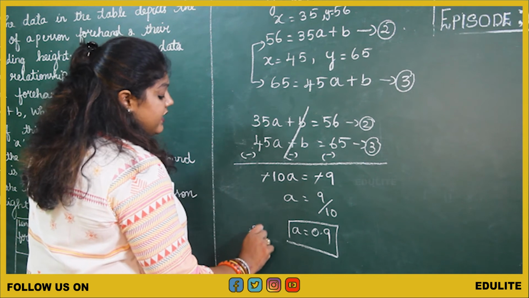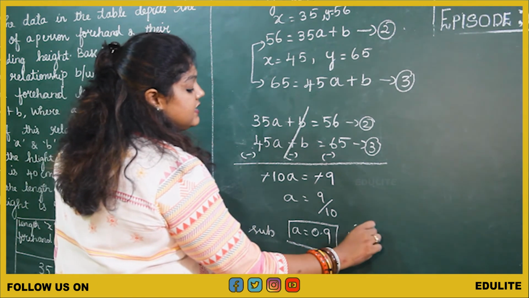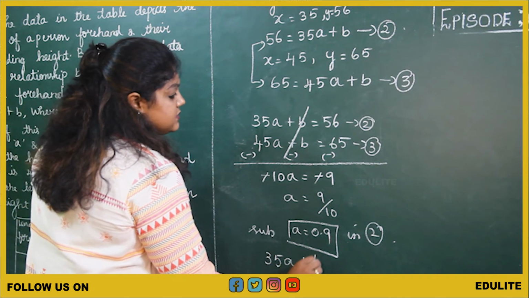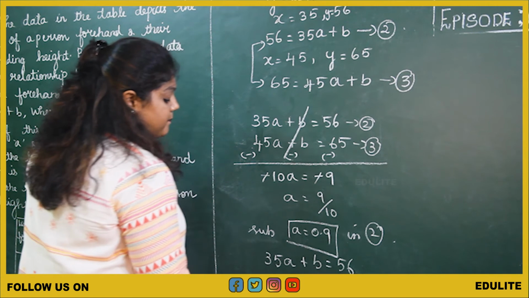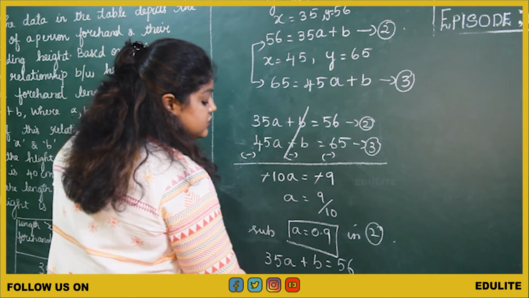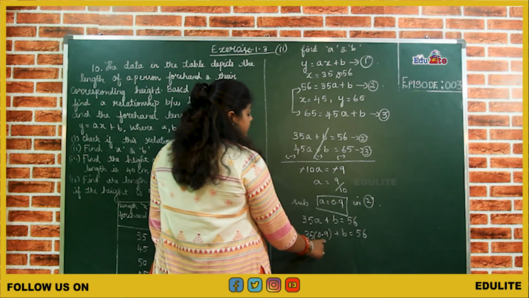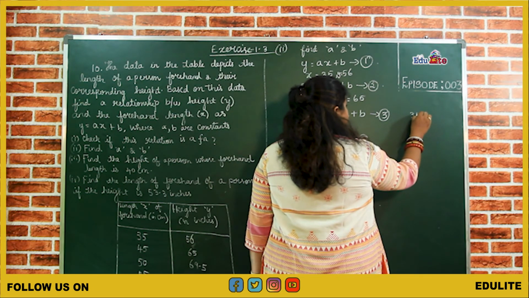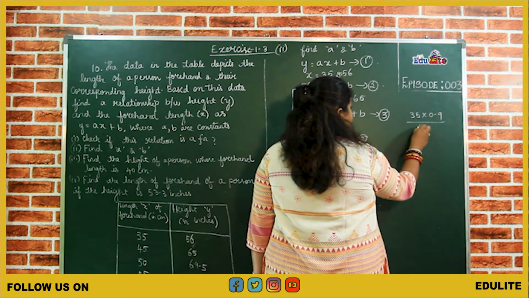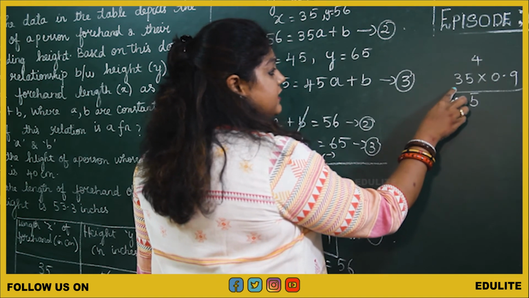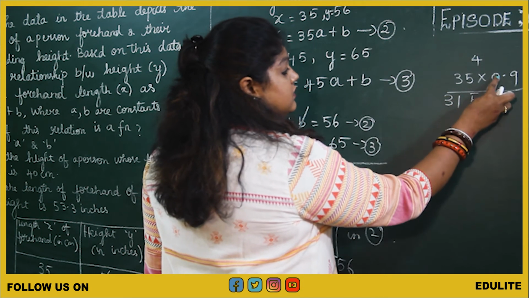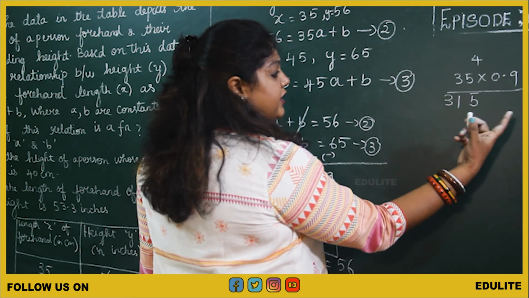Substituting a as 0.9 in 35a plus b equals 56, we get 35 into 0.9 plus b equals 56. 35 into 0.9: 9 5s are 45, 4 balance, 9 3s are 27, 28, 29, 30, 31. So the 0 we need not consider, because 0 into anything gives 0.